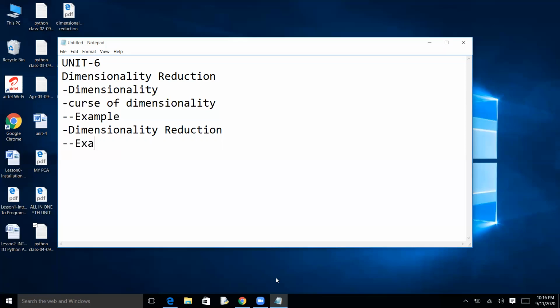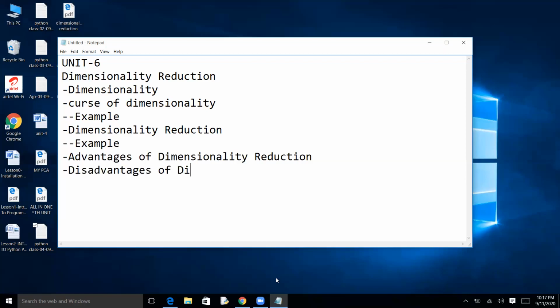After that, the advantages of dimensionality reduction, and next the drawbacks of dimensionality reduction, that means the disadvantages of dimensionality reduction. So this is about dimensionality reduction.